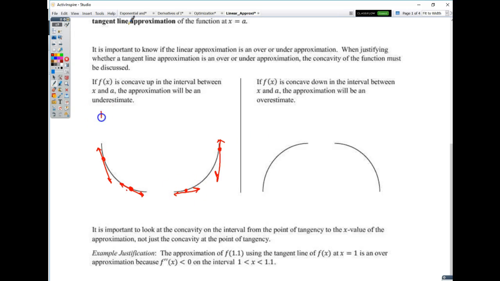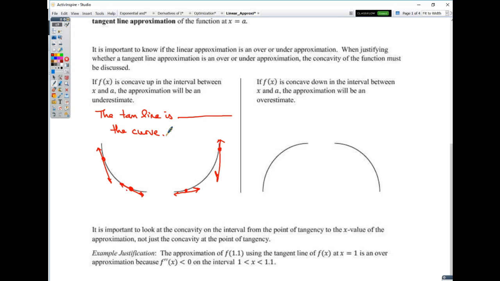Or put another way, the tangent line is... these are definitely not parallel to the curve. They're definitely not perpendicular to the curve.